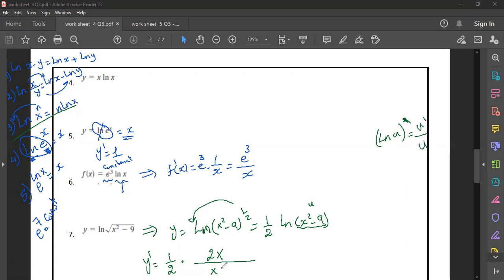Here u is x squared minus 9, and its derivative is 2x. So it will be 2x over x squared minus 9. Simplify it, it will be x over x squared minus 9. I think it's easier for you. I can write u prime, find the derivative of this radical function over this function, but it will take a long time and it will be so difficult to simplify. But if I use the property of the natural logarithmic function, it will be so easy as you see.